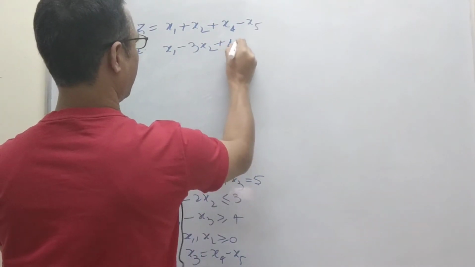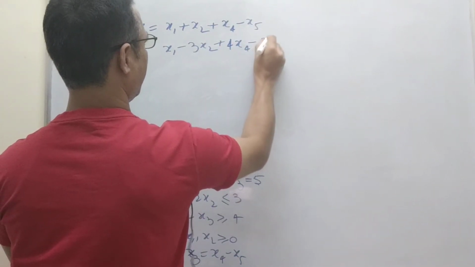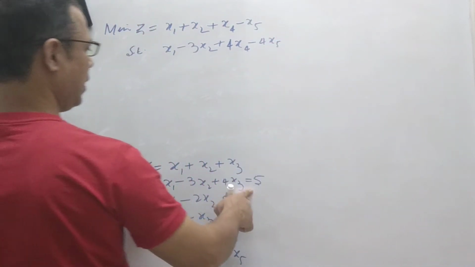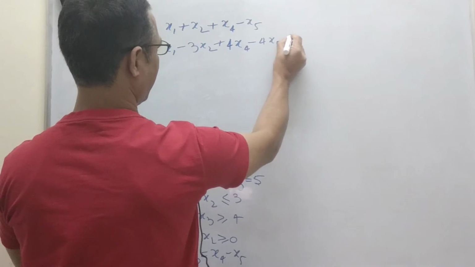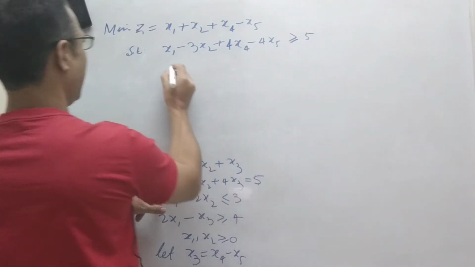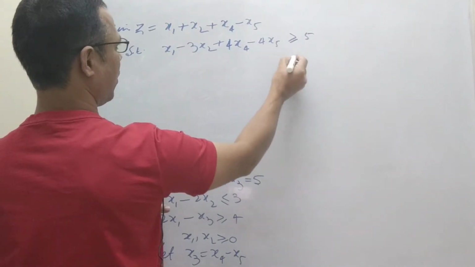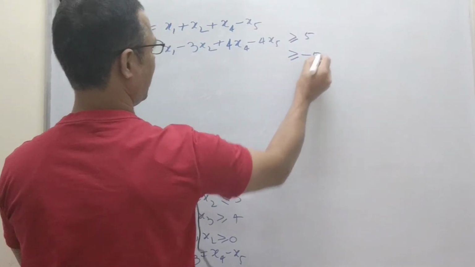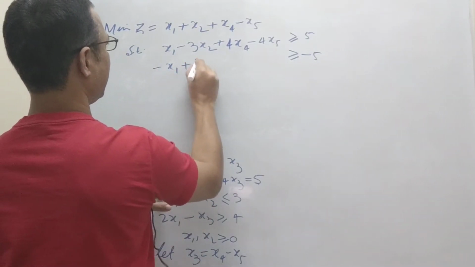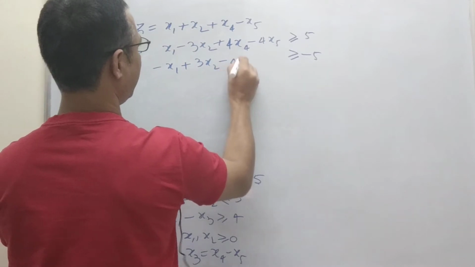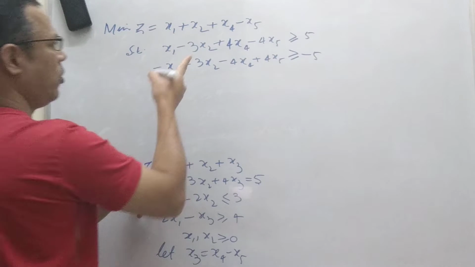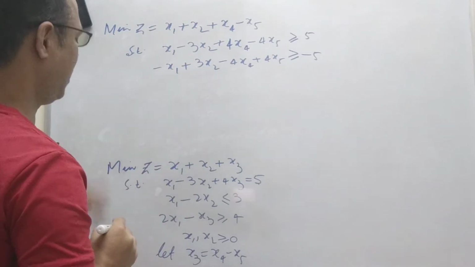So 4x4 minus 4x5. For this equation we can write, for the minimization type, greater than or equal to 5, and the second we will write less than or equal to 5, but the second also with a negative sign, so only the sign gets changed. I already discussed in the previous video how this sign gets changed, so this is not new.